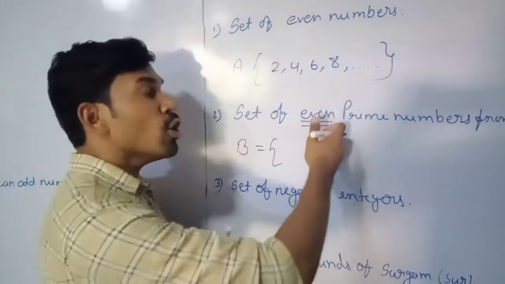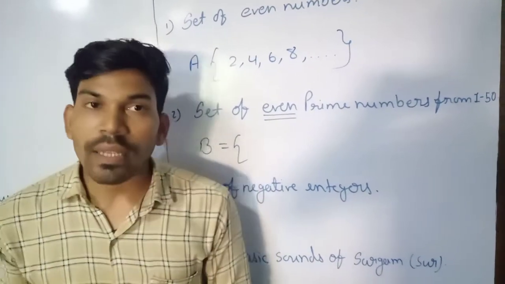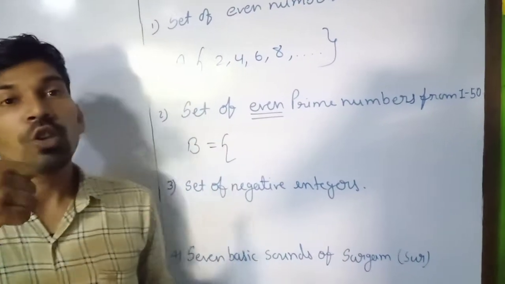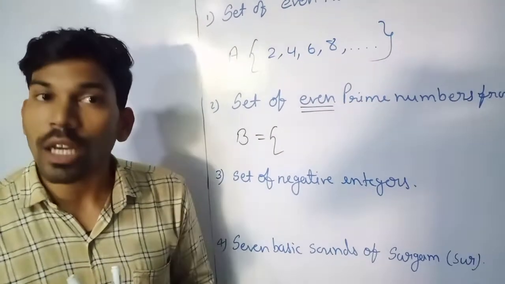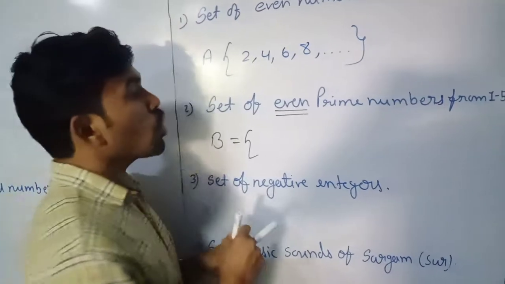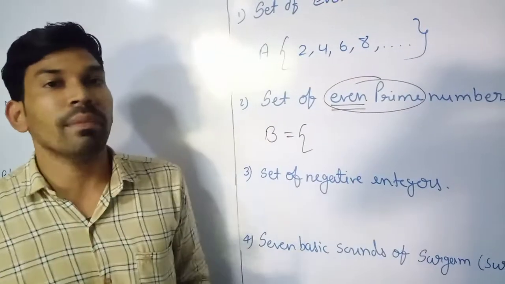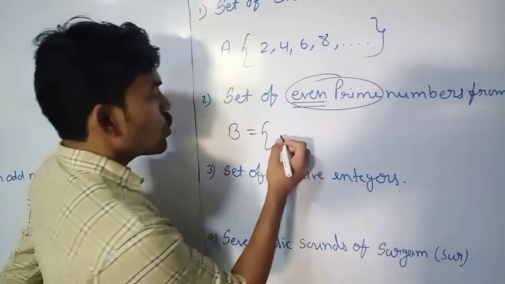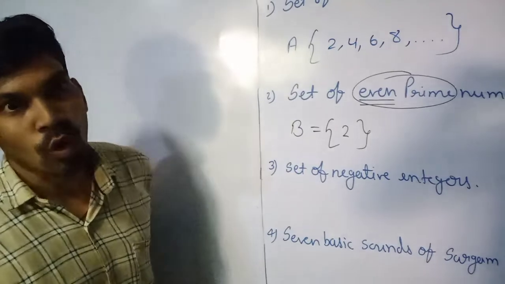The number should be even and also prime. What is a prime number? A prime number is a number which has only 2 multiples, 1 and itself. Those numbers are called prime numbers. And whenever we are talking about the even prime number, there is only one even prime number, that is 2. So here we have to write 2 and close the curly bracket.